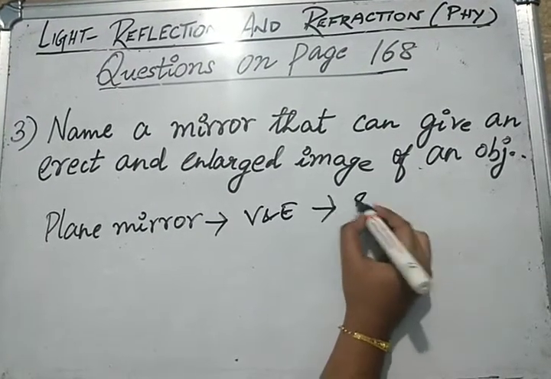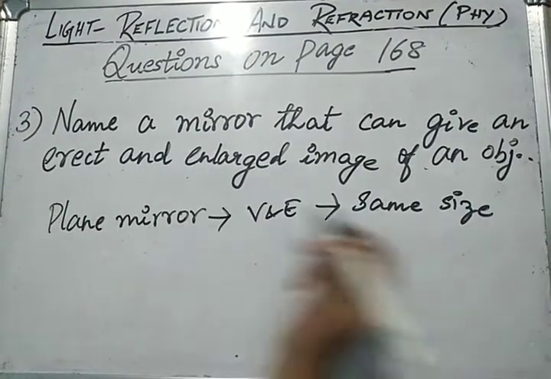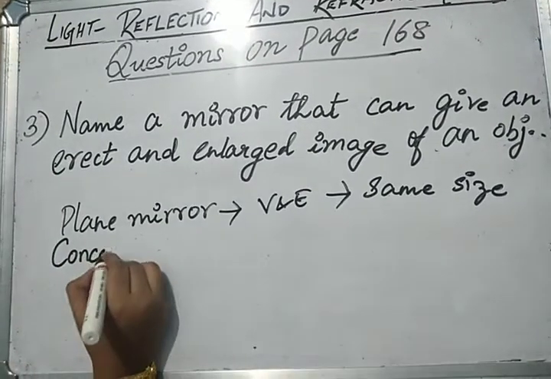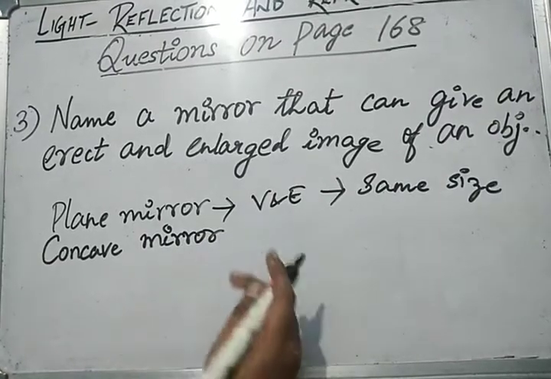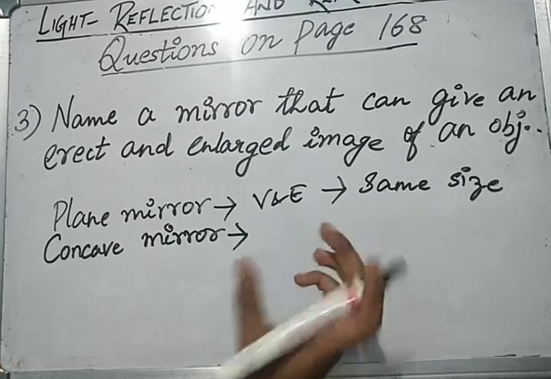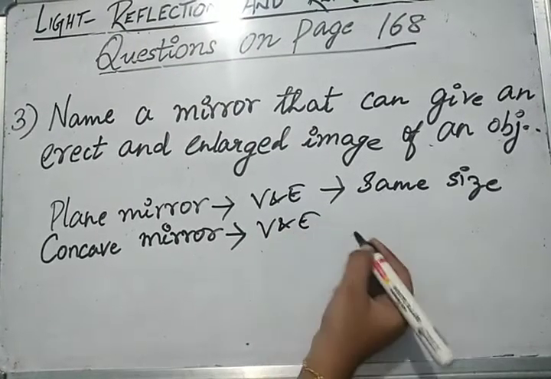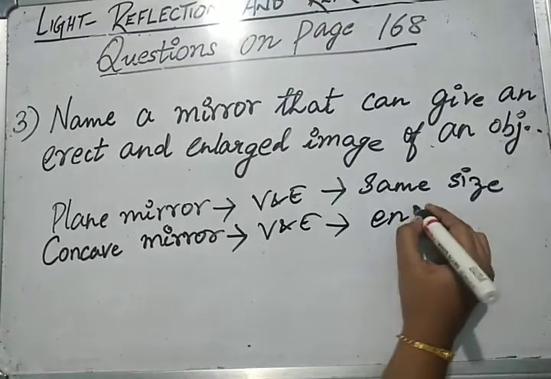Of the same size. Then concave mirror. Going to the spherical mirrors, we have concave and convex mirrors. Concave mirror. Remember the ray diagrams. In one of the ray diagrams, we saw that virtual and erect image is formed. What kind of virtual and erect image? It was enlarged.